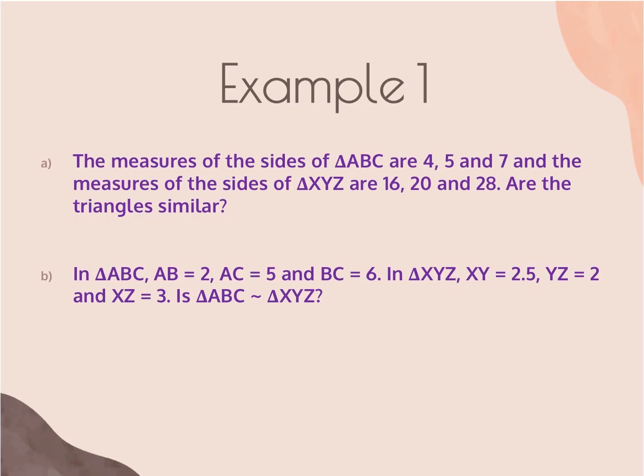All right, looking at example number 1, A. It says the measures of the sides of triangle ABC are 4, 5, and 7, and the measures of the sides of triangle XYZ are 16, 20, 28. Are the triangles similar? So looking at this one, I would draw my triangles.